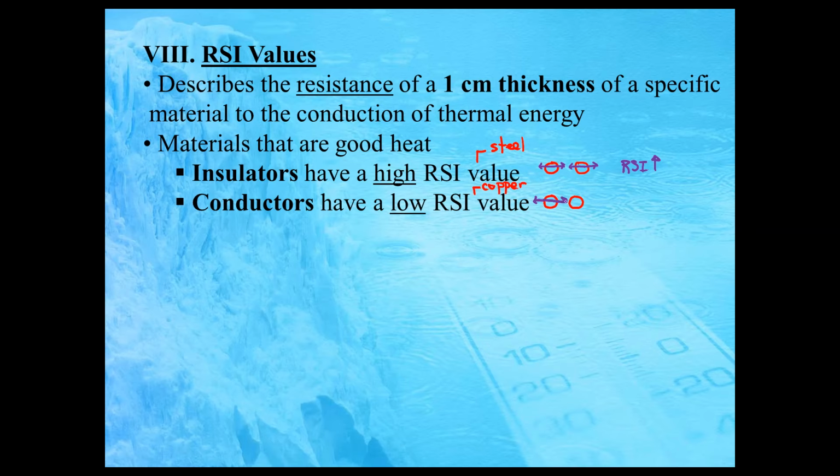They can vibrate back and forth, they can collide with their neighboring particles, and they can transmit thermal energy. Good heat conductors have a low RSI value. So the RSI value is all about your resistance to conduct thermal energy. If you have a high resistance to conduct thermal energy, that means that you are a good insulator. If you have a low resistance to conduct thermal energy, you're a better conductor.